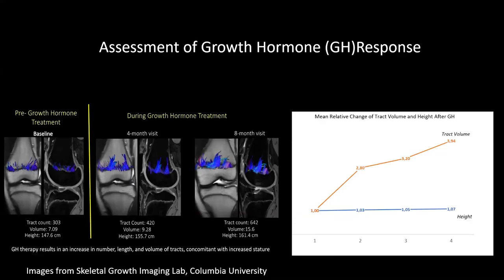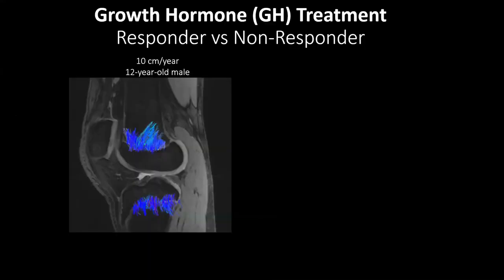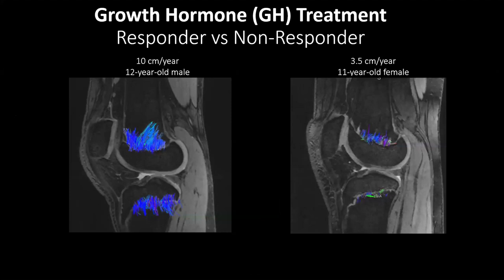We can actually measure how well it works, and even more so if we start having a discussion regarding responders and non-responders, because the non-responders are those we are quite worried about. To the left here, we have a 12-year-old male with a lot of symmetrical tracts. They will grow approximately 10 centimeters per year according to a rough measurement.